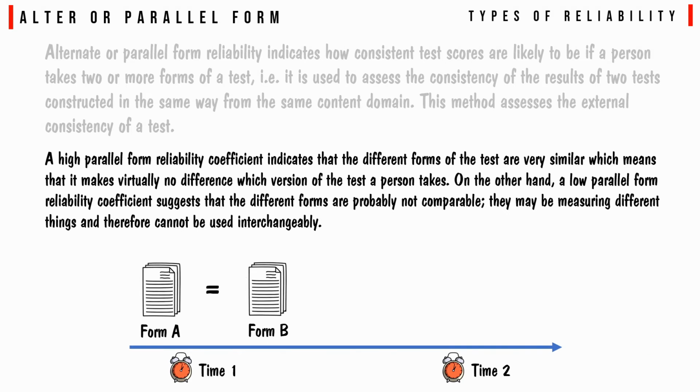A high parallel form reliability coefficient indicates that the different forms of the test are very similar, which means that it makes virtually no difference which version of the test a person takes. On the other hand, a low parallel form reliability coefficient suggests that the different forms are probably not comparable. They may be measuring different things and therefore cannot be used interchangeably.